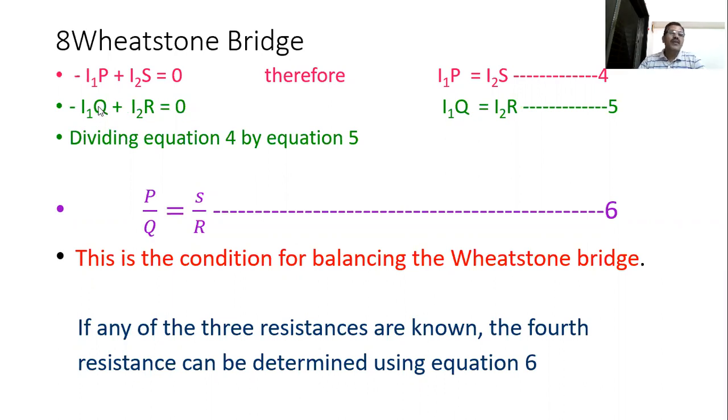Now, if we take this term to this side, we get I1Q is equal to I2R. This is equation 5.